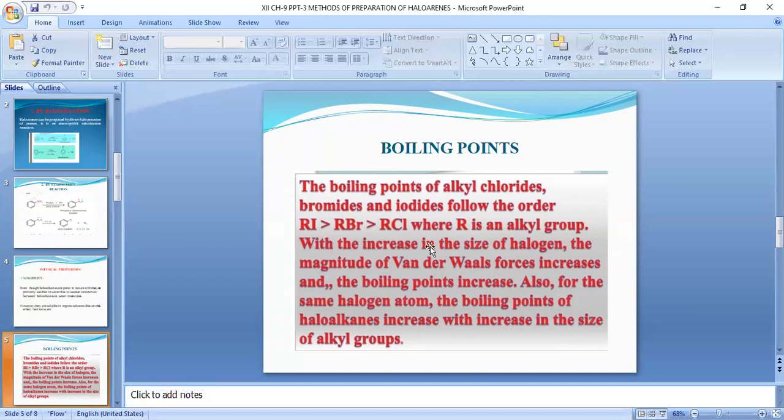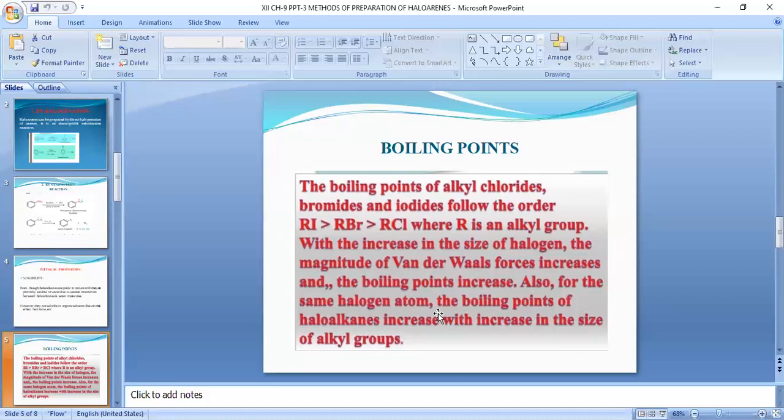So with the increase in the size of halogen, the magnitude of van der Waals forces also increases. The mass is increasing, and when the size of the halogen is increasing, it is occupying more space. Therefore, the van der Waals forces will also increase and thus the boiling point also increases.